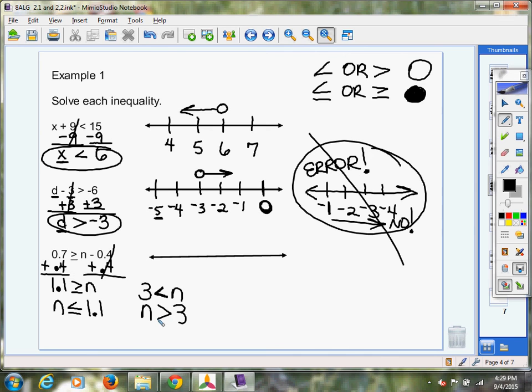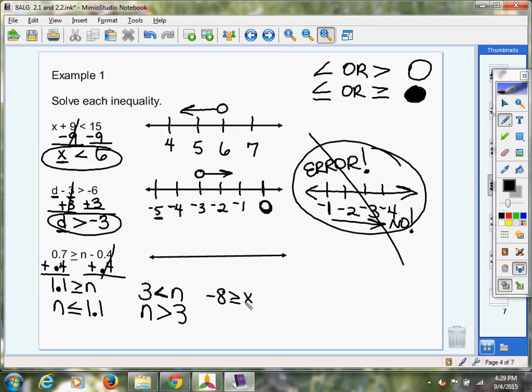Let's do one more. Let's say we've got -8 is greater than or equal to x. And we want to flip that over because some of us are more comfortable, like me, I'm more comfortable with the variable on the left. I like reading it with my variable on the left because it makes sense to me how to graph it when the variable's on the left.